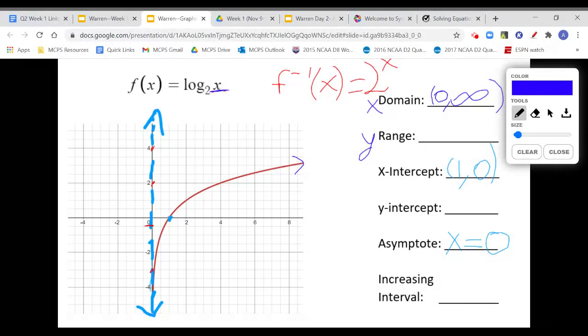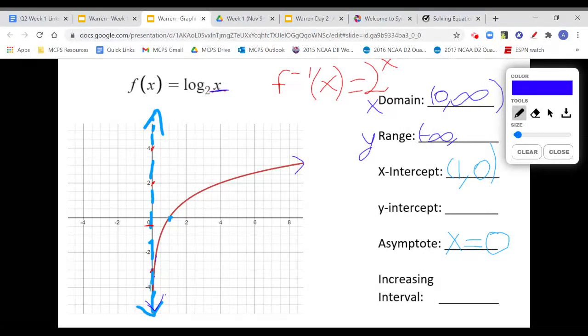When I refer to my range, I'm looking at the bottom and the top of the function. So I saw the function and I've sort of written over it, but this red line had continued down to give me basically an almost vertical line right next to the y-axis. So that means that this function is pointing down forever. So that means it starts at the bottom at negative infinity.